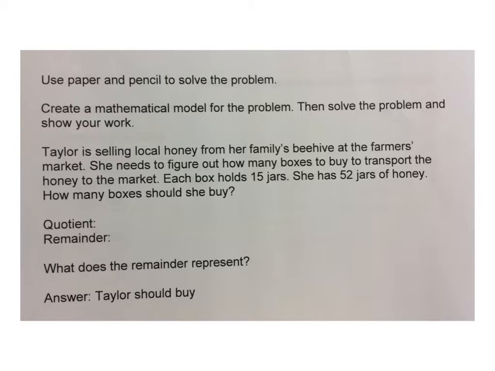So I can see right here that it says quotient, so I know I'm dividing. I don't even need to figure that out. 52 divided by 15 is going to be 3 and 7/15. You should use your division strategy. I'm actually able to do that mentally.